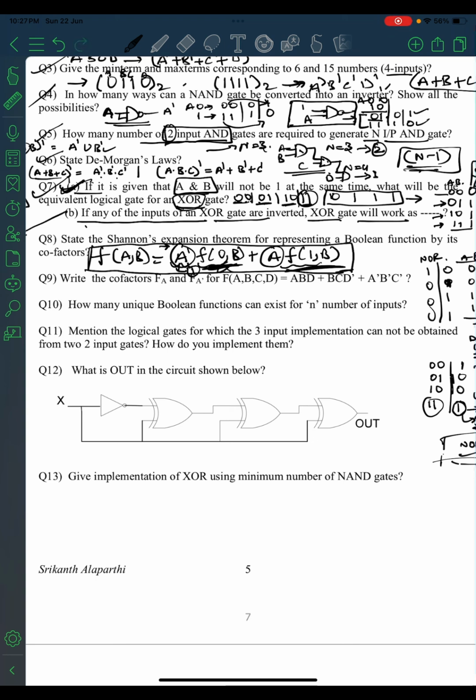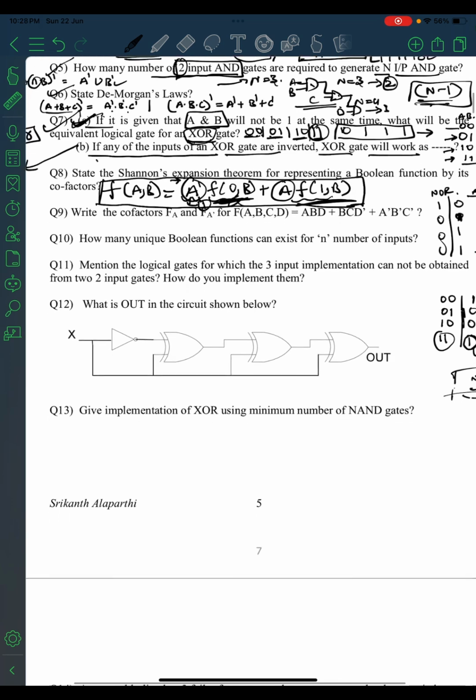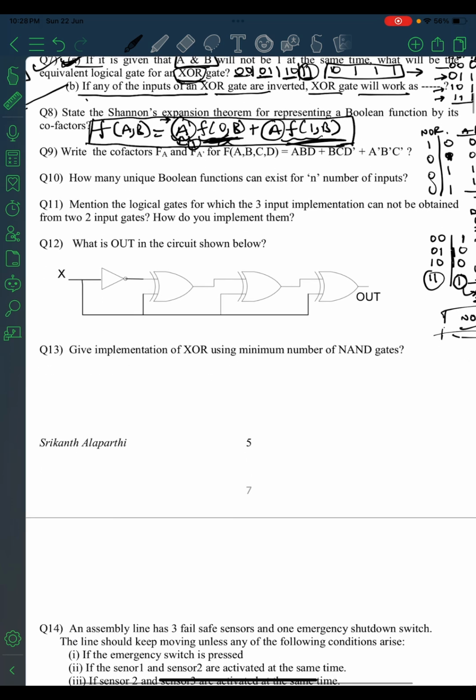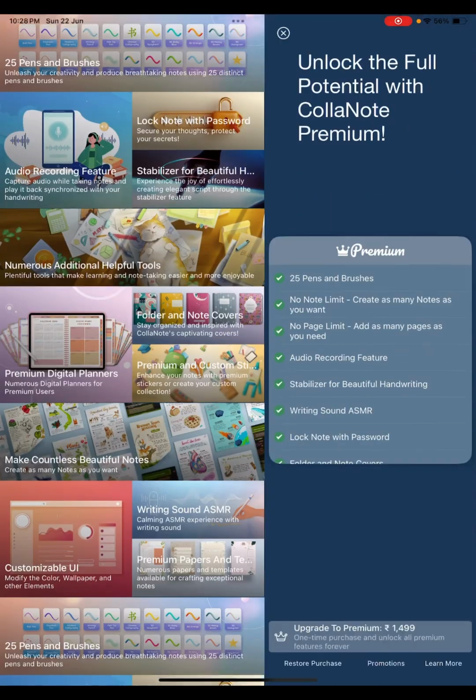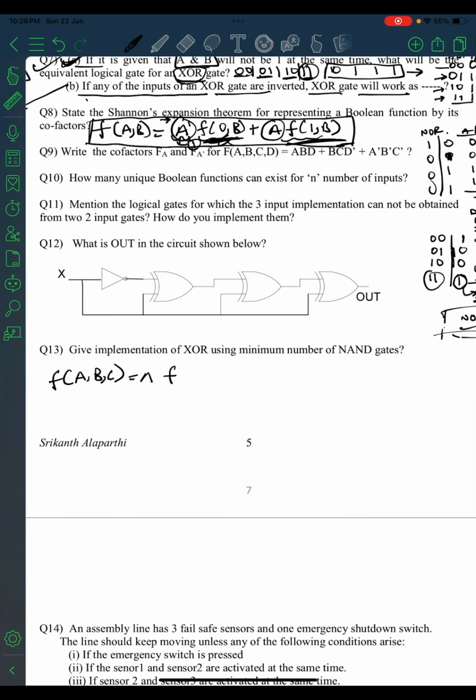If there are more variables like a, b, c, then the nested Shannon's expansion works such that f of a comma b comma c is a dash into f of 0 comma b comma c plus a into f of 1 comma b comma c.